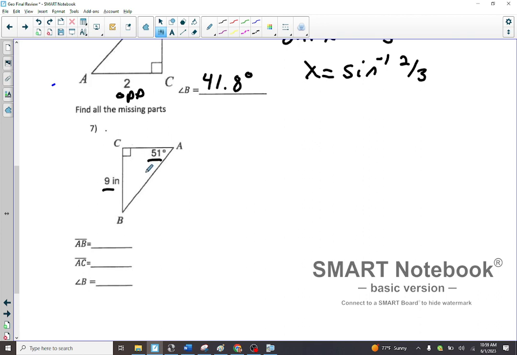Not all sides are equal, there's different sizes of triangles. So 90 plus 51 is 141. Subtract that from 180. 180 minus 141 equals 39. So now I know this angle is 39.